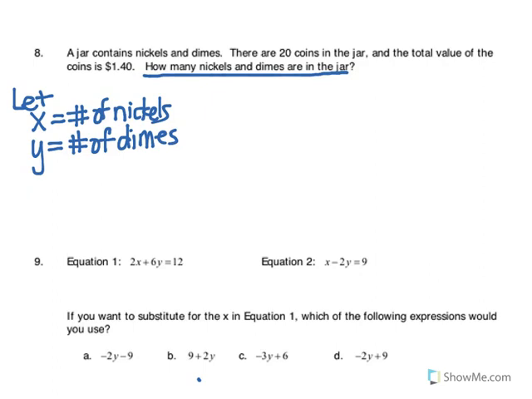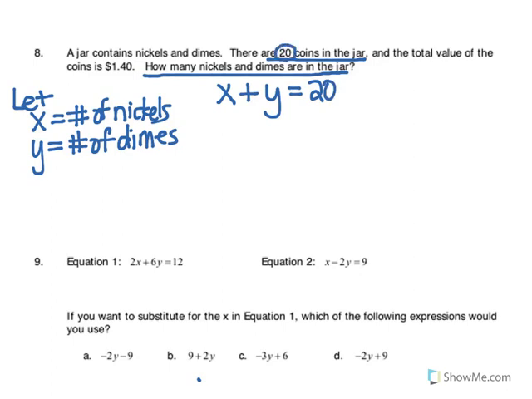So let's go ahead and set up two equations. One of the equations is going to deal with the number of coins that are in the jar. So x, the number of nickels, plus y, the number of dimes, has to total 20, because there's 20 coins in the jar.